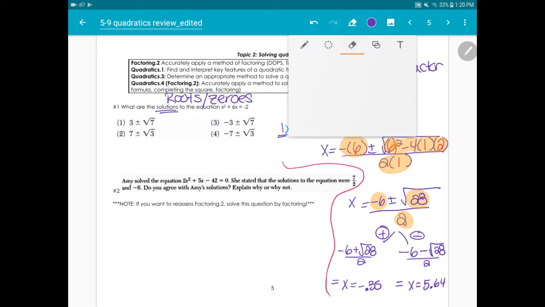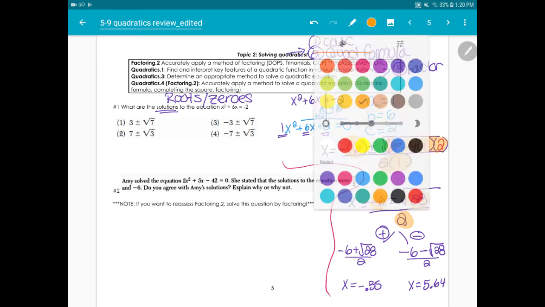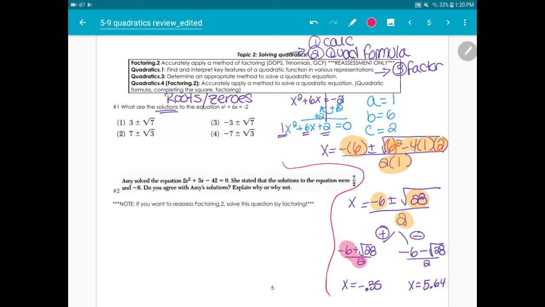So now I want to see which one it's going to match. If I look at my choices, I can do a process of elimination here. If I divide -6 by 2, am I going to get a +3, a +7, a -3, or a -7? I know I'm going to get a -3, so I'm going to check only that answer to see if that gives me the same thing. And when I do, I'm going to see that x equals -0.35 and x equals -5.64.